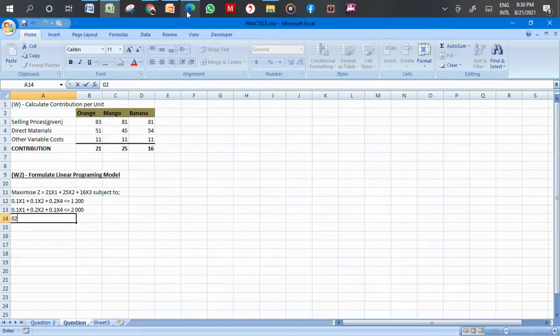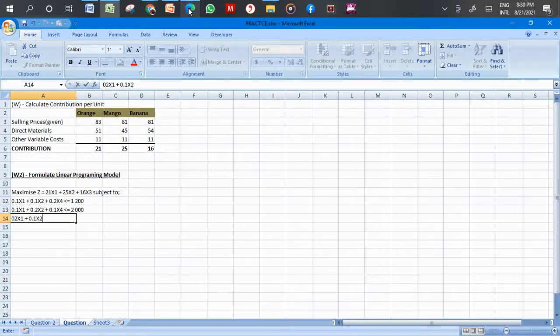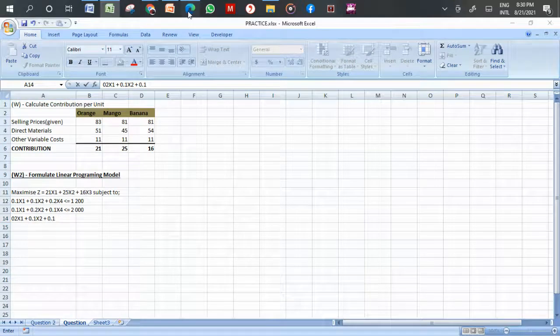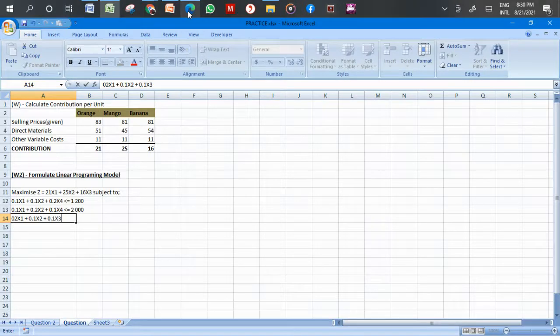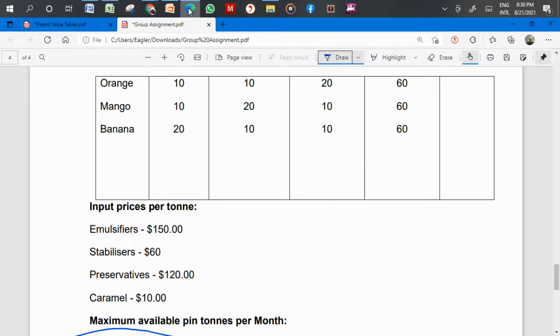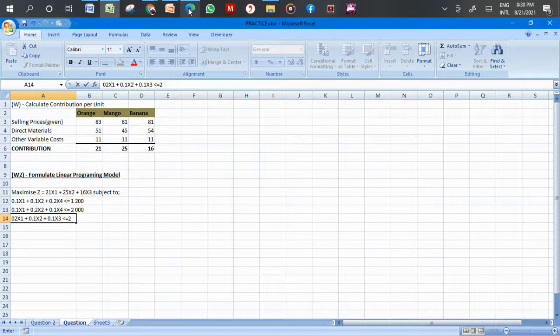So 0.2 X1, which represents oranges, plus 0.1 X2, which represents mangoes, plus 0.1 X3, which should be smaller than or equal to 200. Okay, these are the only constraints that we have.